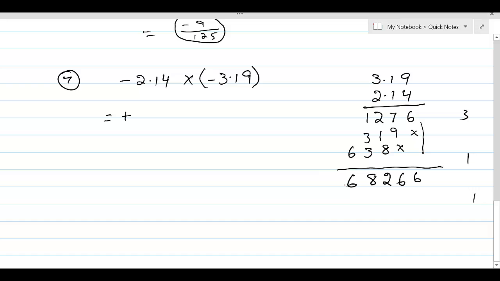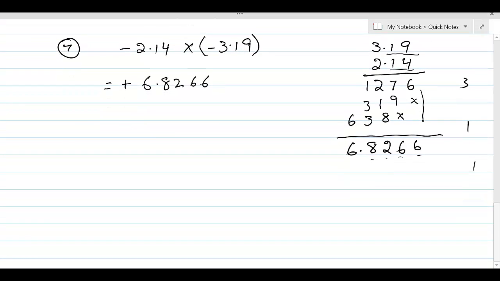Now we decide where should we place the decimal, because in the participating numbers there are 2 decimal places here and 2 decimal places here. So altogether there are 4 digits after the decimals in both. If we count 1 2 3 4, here we place the decimal, and this answer would be 6.8266. This is question number 7.